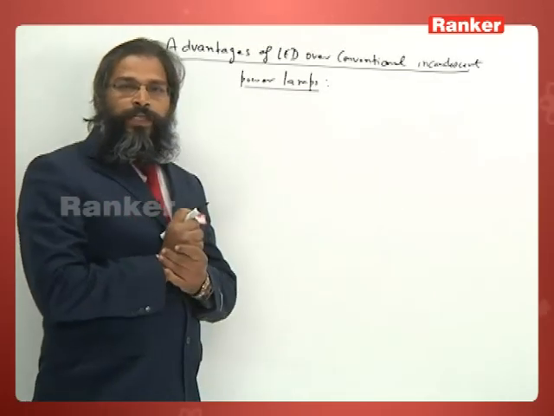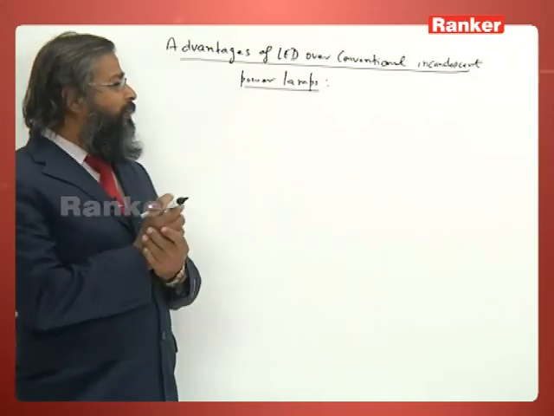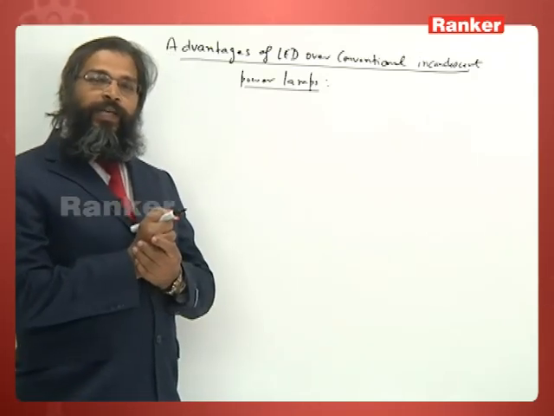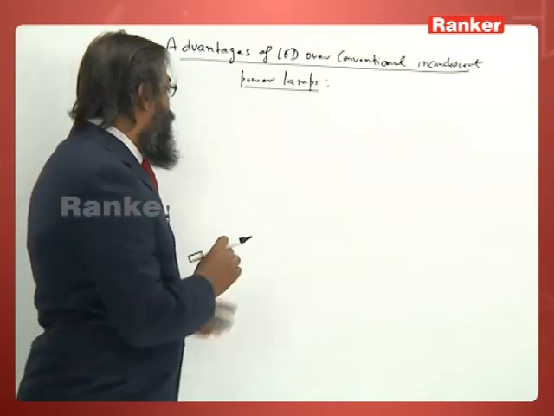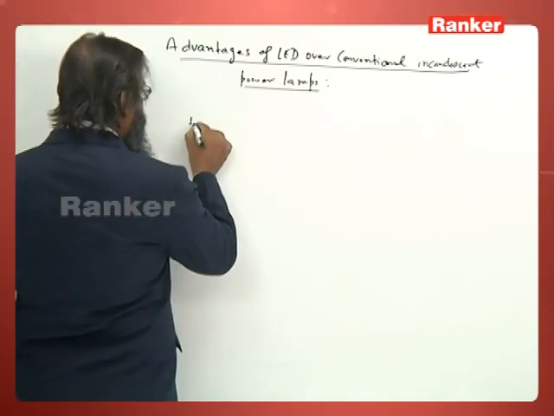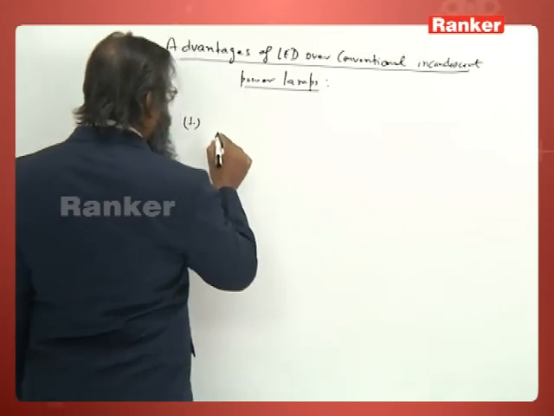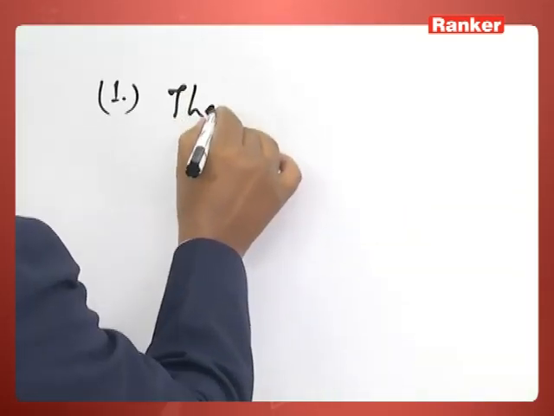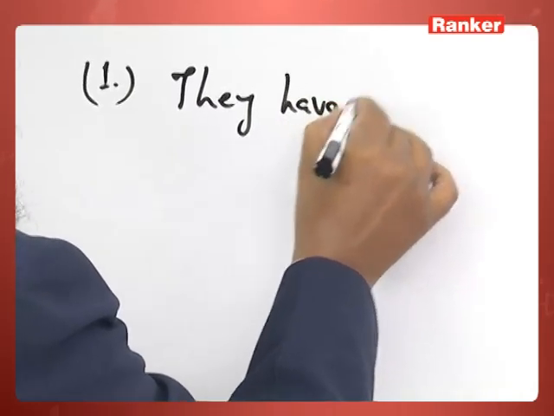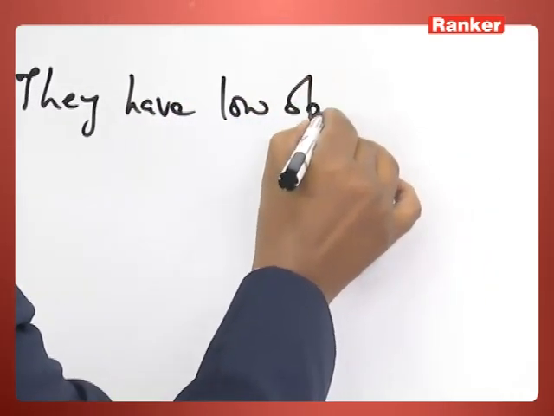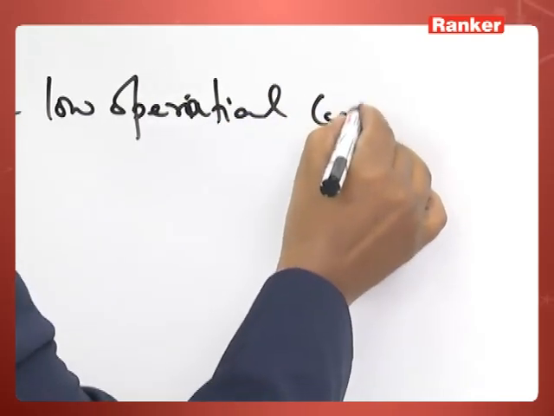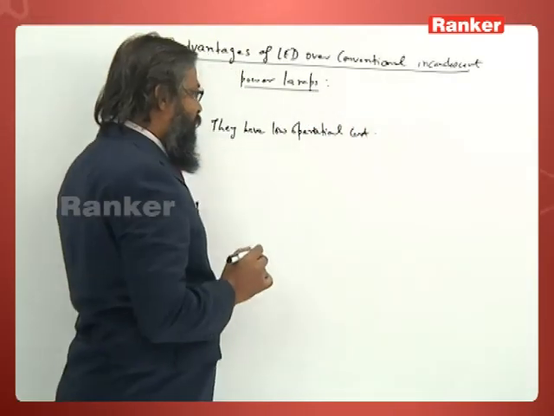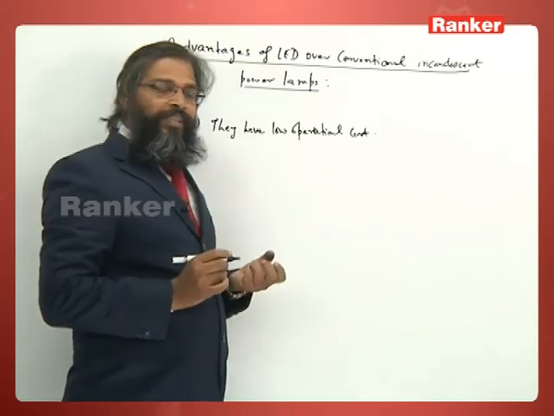Now let us see what are the advantages of LED over conventional incandescent lamps. Number 1: they have low operational cost. That means the electricity usage is low.